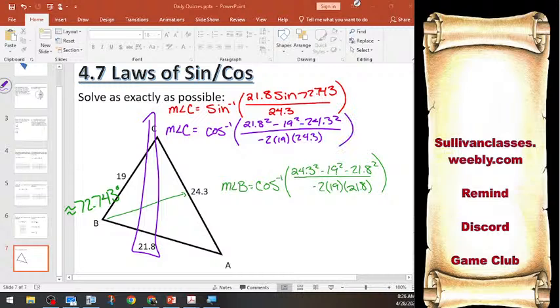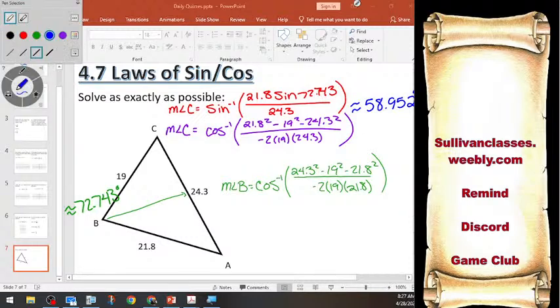Okay, whatever you're doing, whatever your jam is, what do we get for C? Within a thousandth or so, depending on whether you're rounding, whether you're highlighting, whether you're using the answer feature.